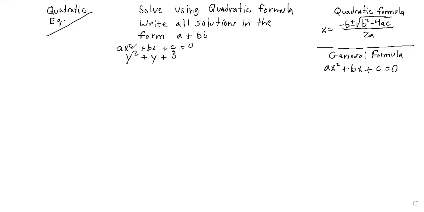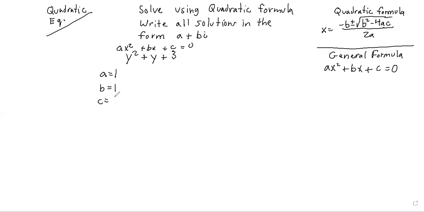Here we have a squared term of y, so a is going to equal the y squared coefficient, which, if there's nothing written, is 1. The same with b: b is equal to the y coefficient. Note this y is not squared. So b is, again, 1 by default. And c will be equal to 3.